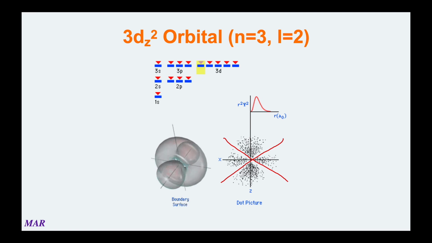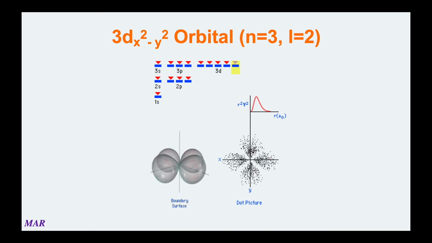So this is the 3dz squared orbital, and then there's also the 3dx squared minus y squared, and this orbital is right in the x and the y plane. So you can see this one's right along that axis, and this one is right along that axis. So pretty similar. And again, 4 of the 5 of them look kind of like 2 p orbitals squished together. The donut shaped is a little bit different.